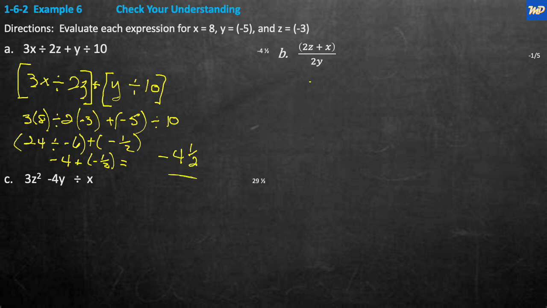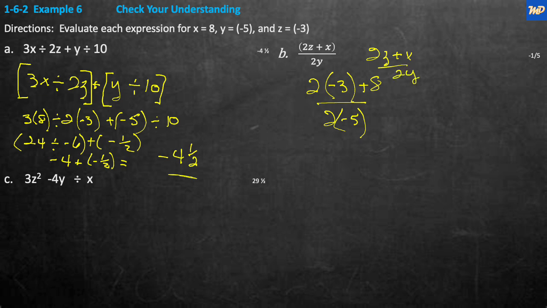We have 2z, 2 times z, and z was negative 3, plus x, and x is 8, divided by 2 times y, and y was negative 5. And I guess I should have said 2z plus x divided by 2y.